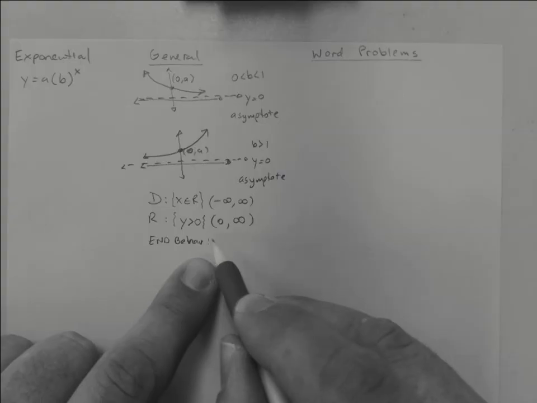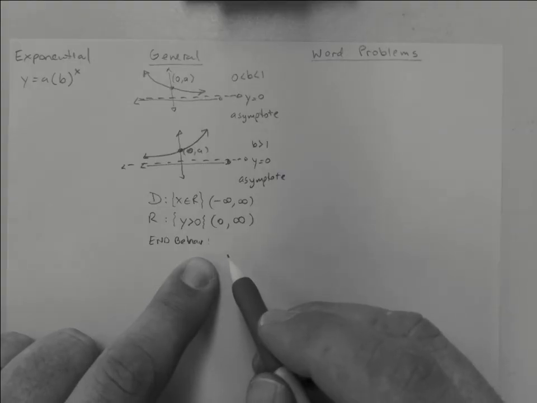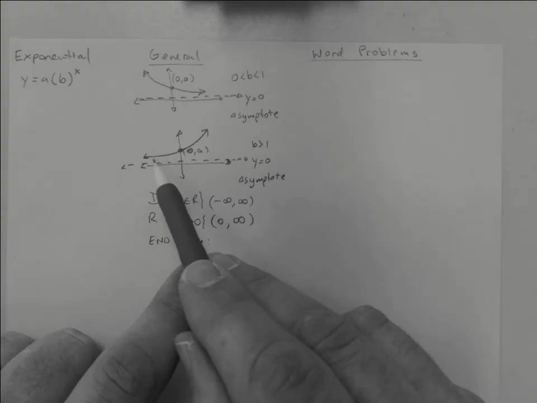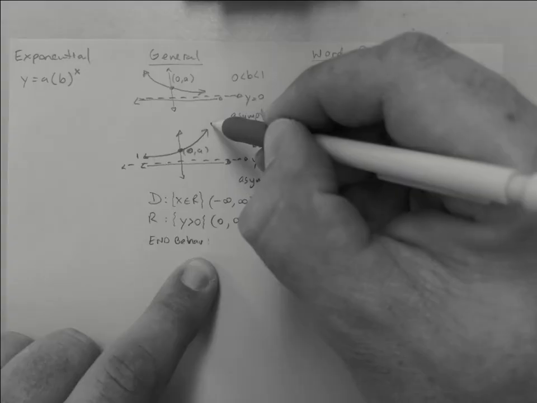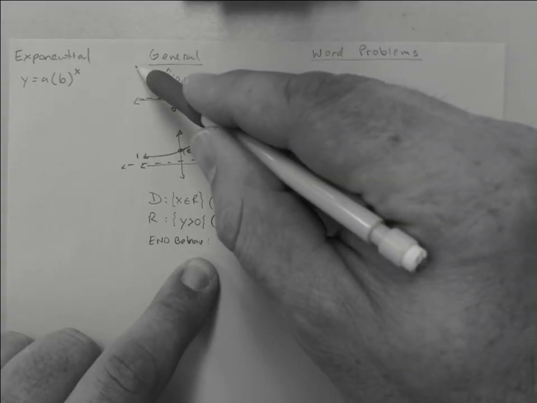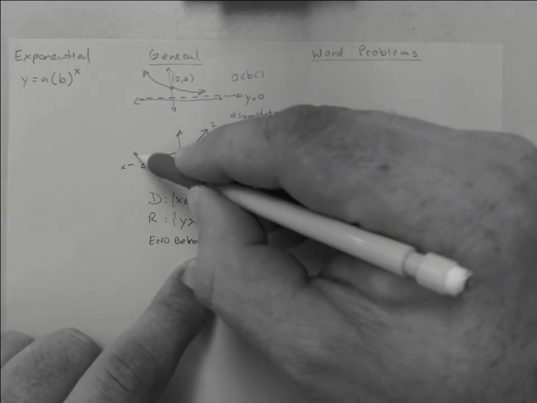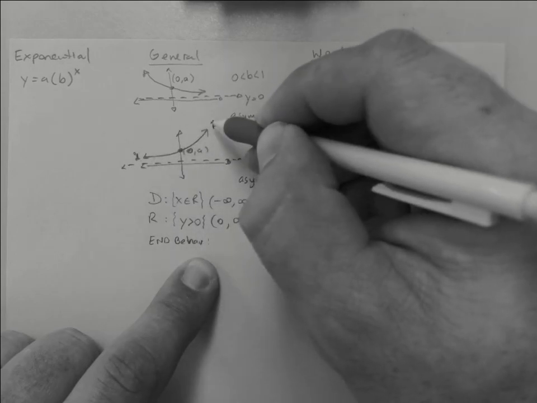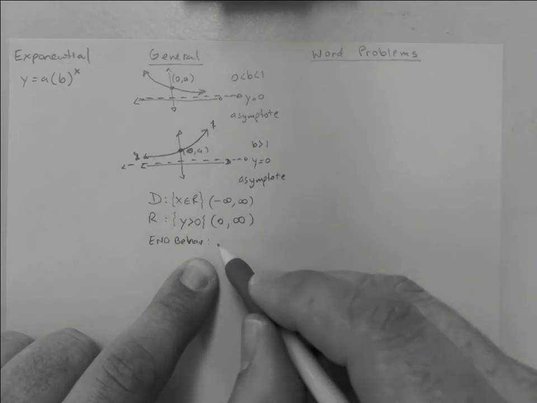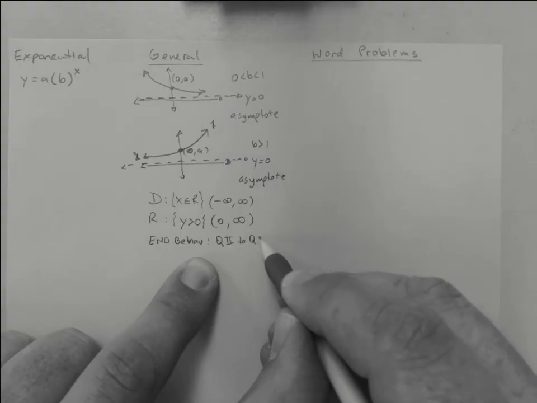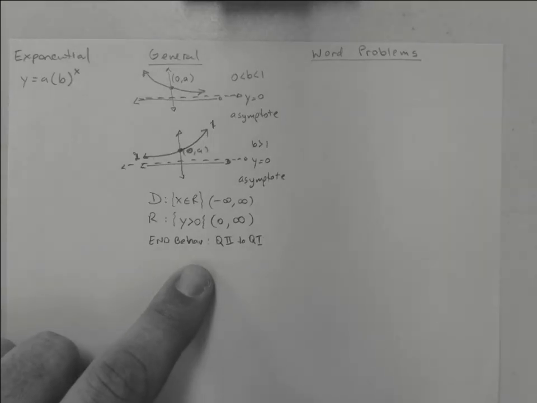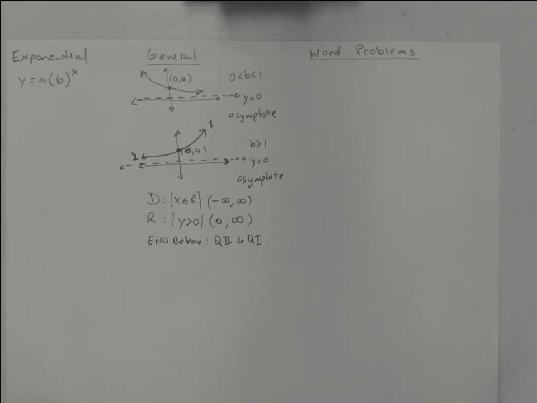What's the end behavior of either one? Q2 to Q1. So if you rather just put a 1 and a 2 there, right? Sorry, I mixed it up. 2 and a 1. It doesn't matter. It goes from 1 to 2 or 2 to 1. It doesn't matter. Q2 to Q1, both of them. End behavior is good to know as well.